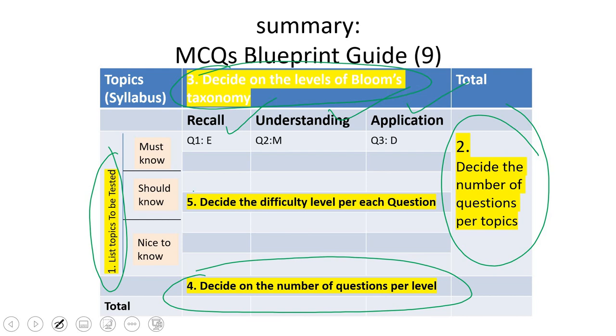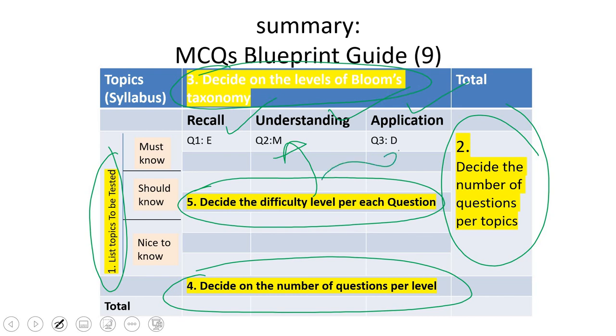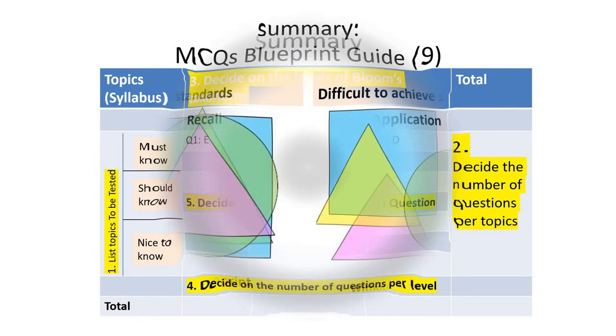And the final one is to decide the difficulty level for each question. For example, a question may be moderately difficult, or very difficult, or very easy as well. So easy, moderate, and difficult, you see. Once you do all this, it will make your multiple choice question assessment tool blueprint.